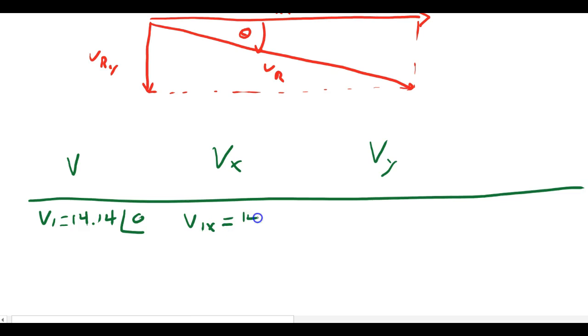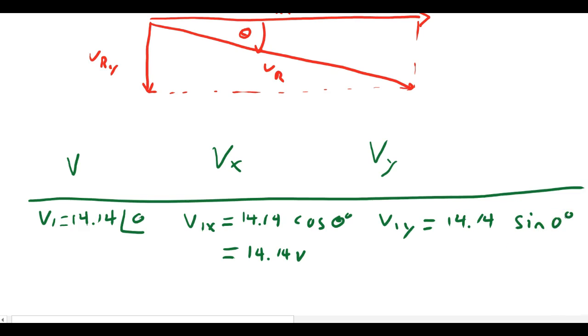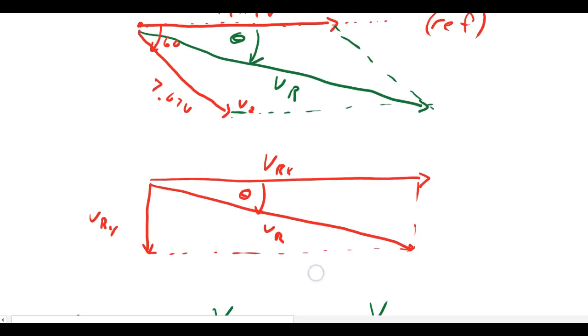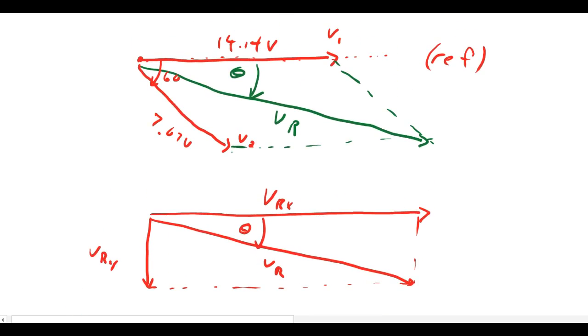V1x equals 14.14 times the cosine of 0 degrees. And we'll find that the cosine of 0 degrees is 1, so that gives us 14.14 volts. V1y equals 14.14 times the sine of 0 degrees. The sine of 0 degrees, you might note, is 0, and so V1y equals 0. If you remember our phasor diagram up here, V1 points in the x direction. It does not have a y component.